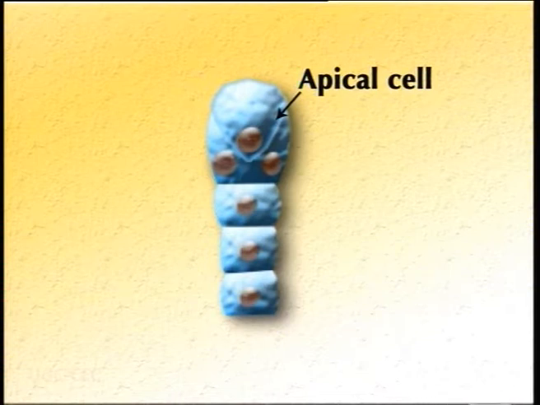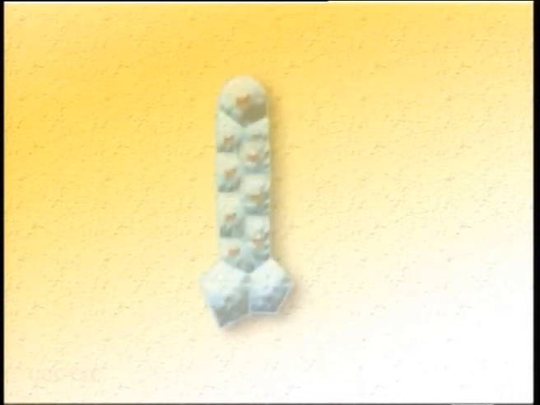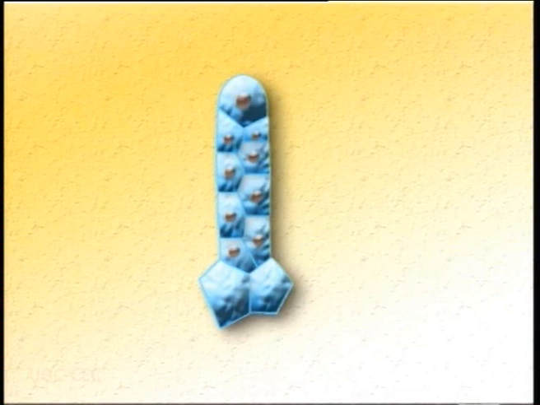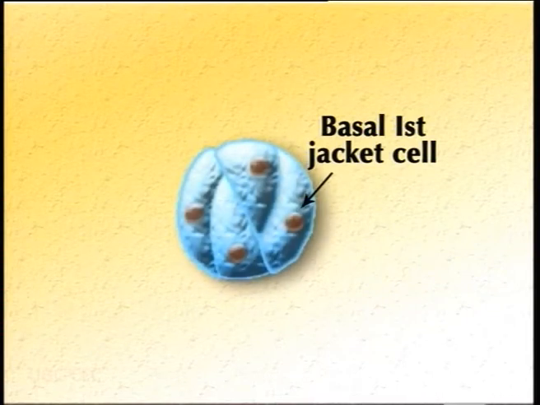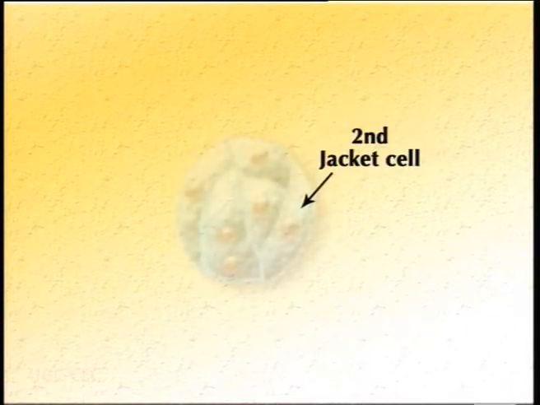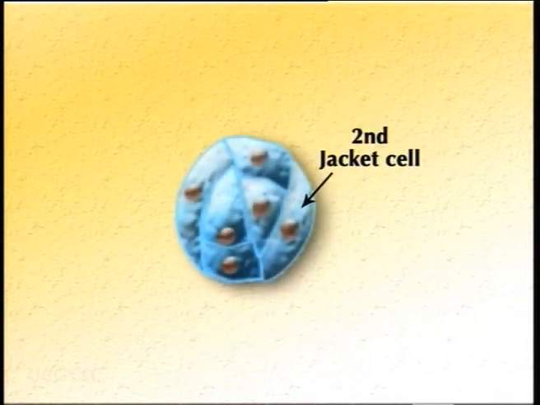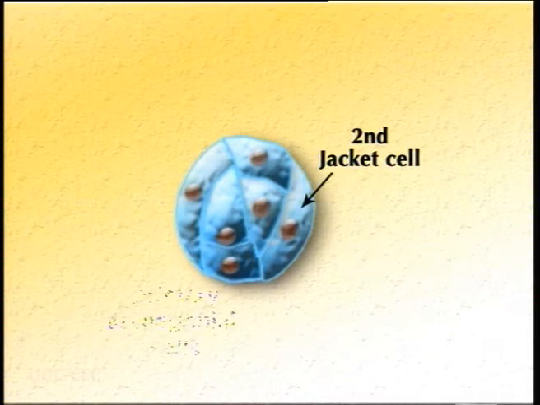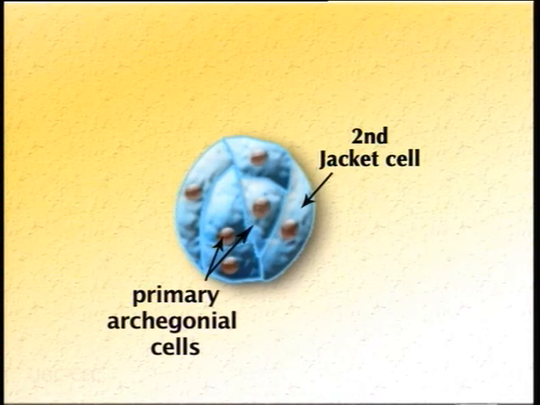Now, upper 3 to 4 cells of this filament divide by diagonal vertical walls, each forming two unequal cells. The smaller peripheral daughter cell functions as first jacket initial. The large daughter cells again undergo similar divisions and give rise to second jacket initials on the outer side and primary archegonial cells on the inner side.